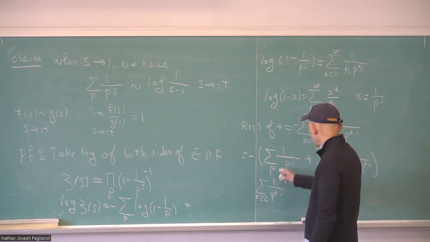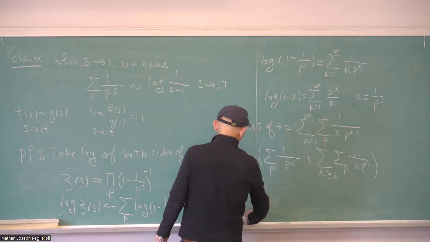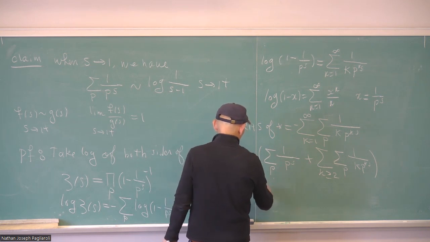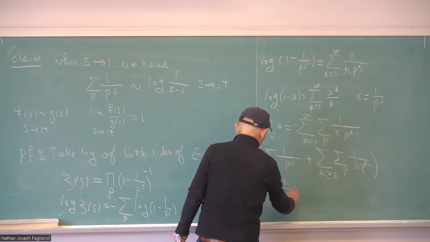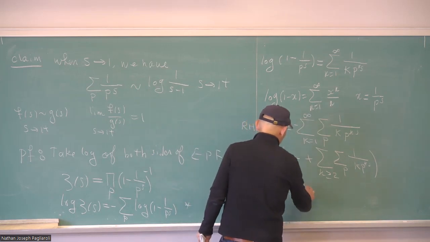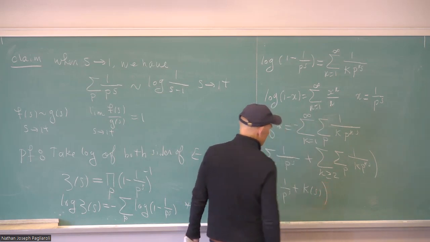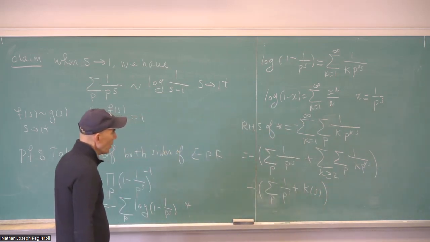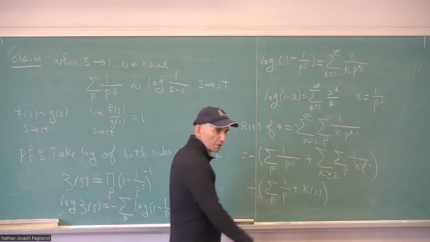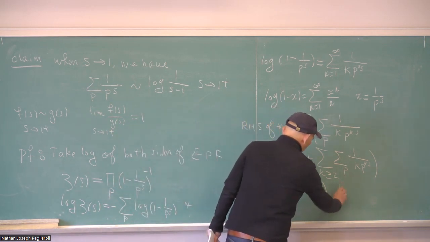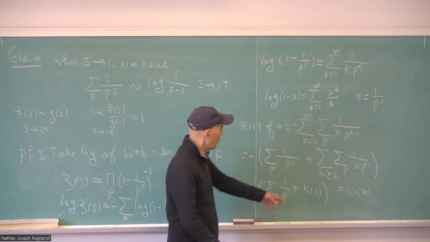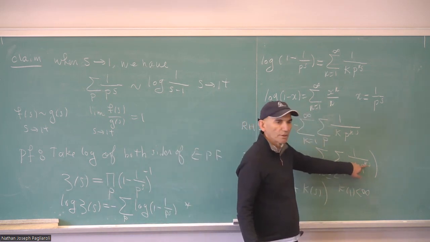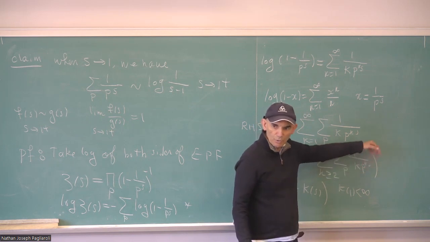So I've got this part, plus something which I can write now as minus the sum over p of 1 over p to the s, plus k of s. And k of s is good at s equal to 1. K of 1 really is less than infinity, not just singular, because you get squares and so on, powers.